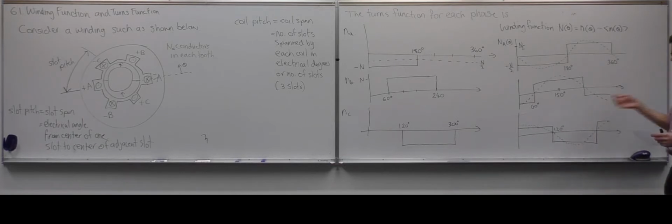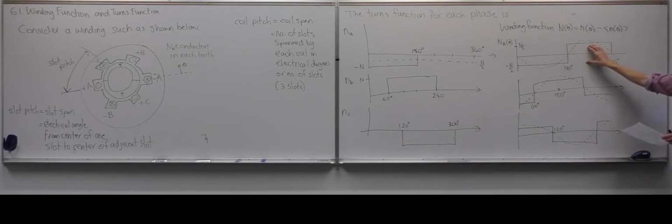It's going to introduce lots of additional harmonics, because in this analysis we can see that it creates this square wave type of waveform. And then to get the complete field distribution, we would need to add these three up. But I won't do that just yet. We'll just look at the winding distribution for one phase at the moment, because we can actually learn quite a lot from doing that. Okay.